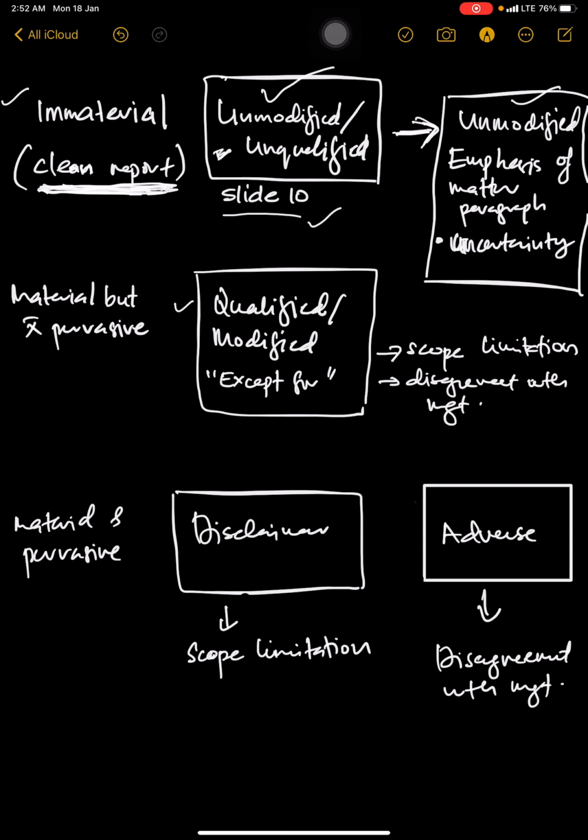But if the auditor would like to emphasize something, the audit report should come up as unmodified or unqualified, but with an emphasis of matter paragraph. It means the auditor would like to emphasize something, for example, related to uncertainty or going concern.